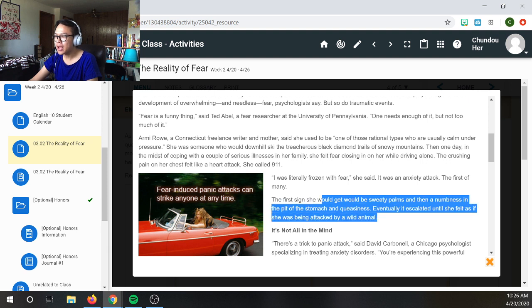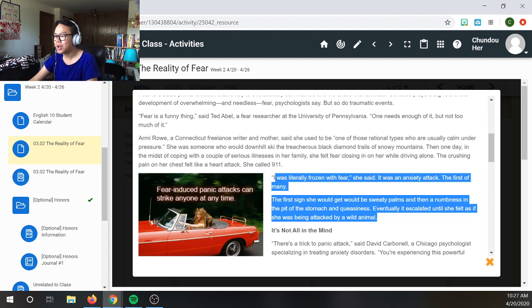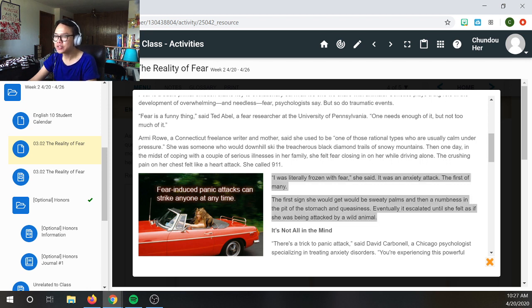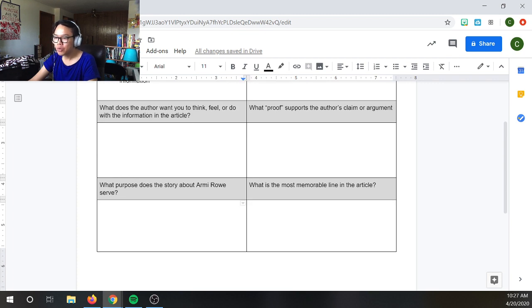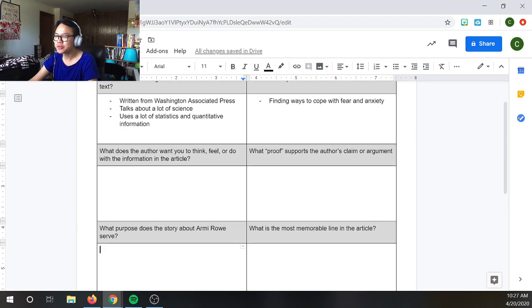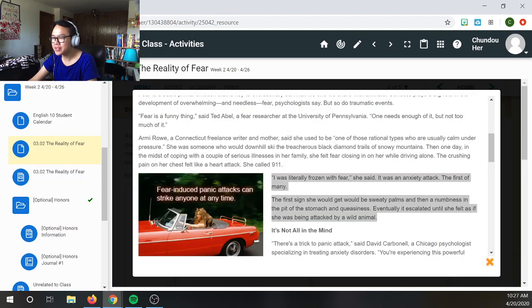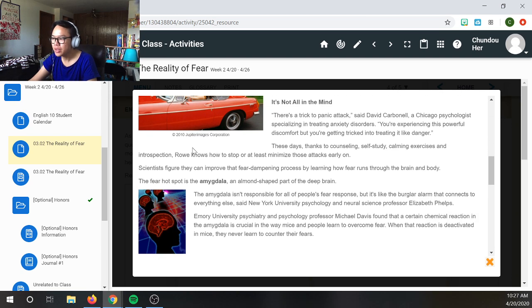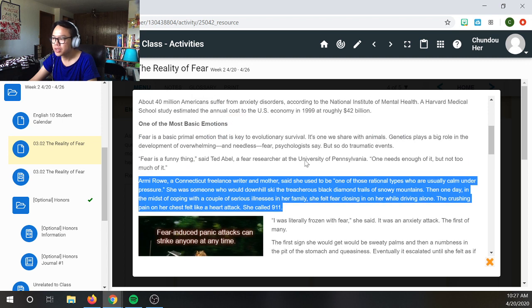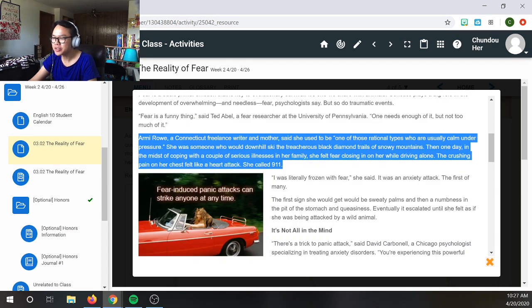I'm sure some of you who have had panic attacks and anxiety attacks before can relate to this. And this story of Amy Rowe is one of the questions that we have: what purpose does the story about Amy Rowe serve? Looking at this, it seems like she didn't have a ton of fears up until this point. But then suddenly she did start to have panic attacks.